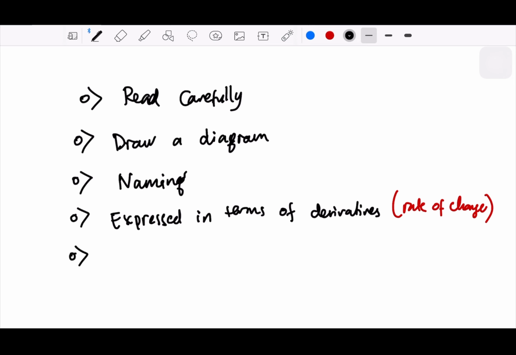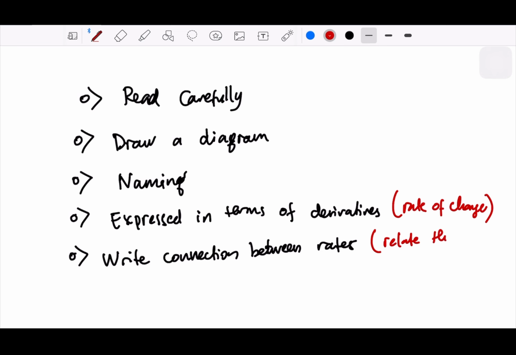And after expressing, write the connection between rates. This is how we can relate the rates, and thus they become related rates, okay?